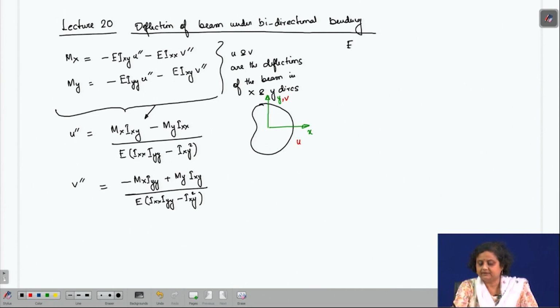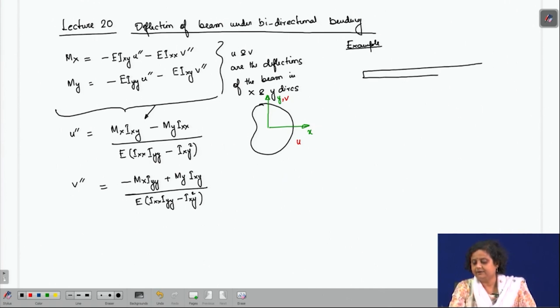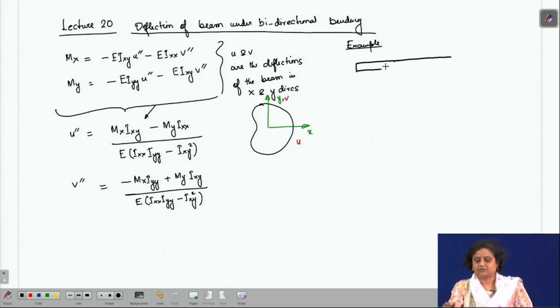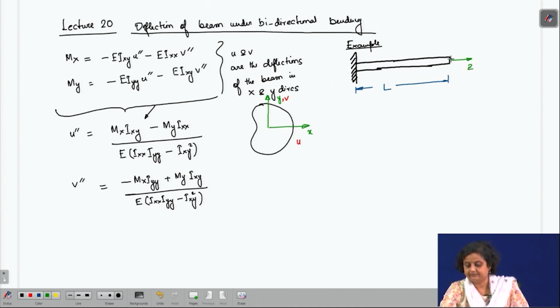Let us take this example. Let us consider a cantilever beam of length L. Let me also draw the x, y and z axes.